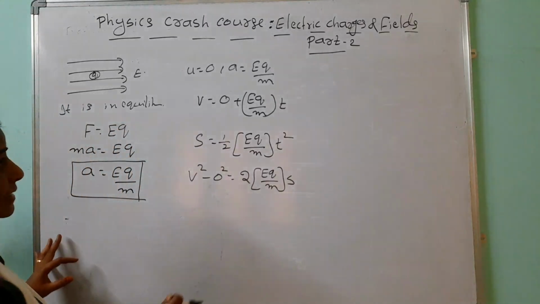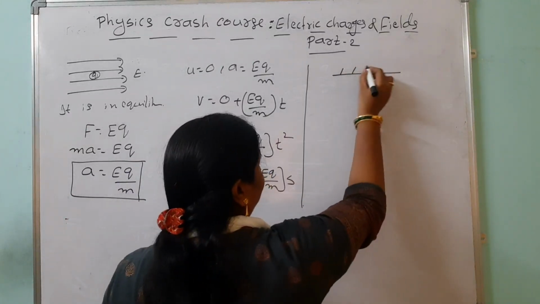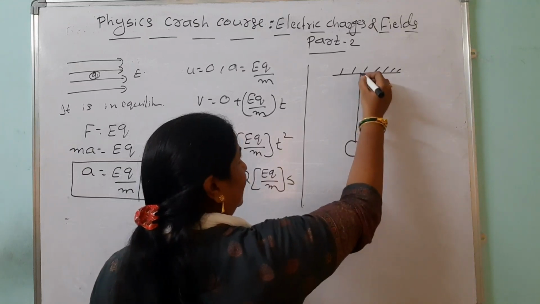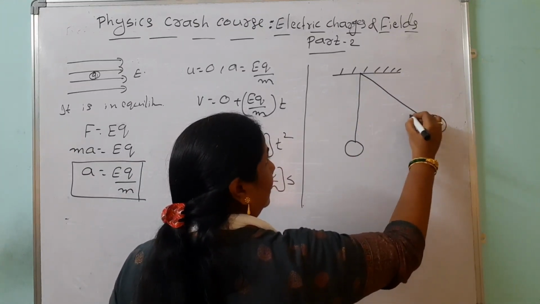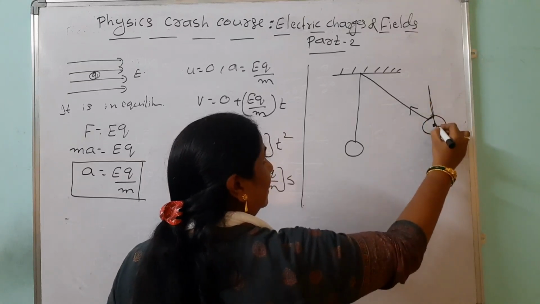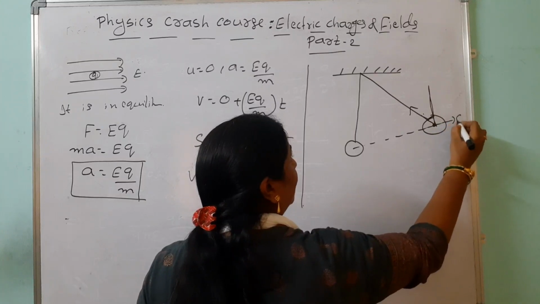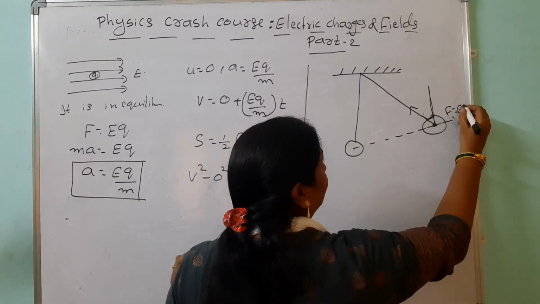Then we are going to discuss another condition, where we are taking the charges like this. We pulled one side. Here is tension, and this tension is resolved into two components. How much force are we applying here? F, where F equals EQ.